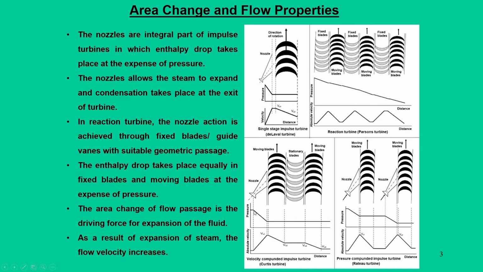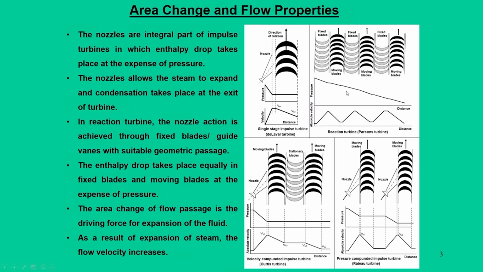Here also the pressure drop takes place in the nozzles, same thing here. So, at the cost of pressure drop, we see an increase in the flow velocity, and of course, when there is a pressure drop, the enthalpy also drops. This total enthalpy drop of the steam is compensated through the pressure drop.